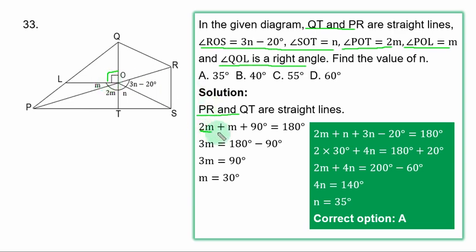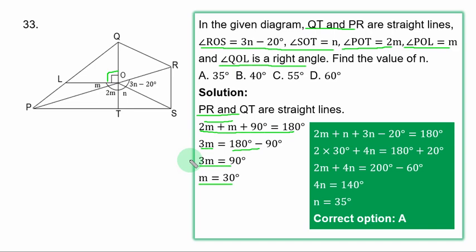So you have m plus 2m plus m plus 90 degrees equal to 180 degrees. You add 2m plus m, you have 3m, collect like terms, and you have 180 degrees minus 90 degrees, and 3m is equal to 90 degrees. Divide both sides by 3, m is equal to 30 degrees.